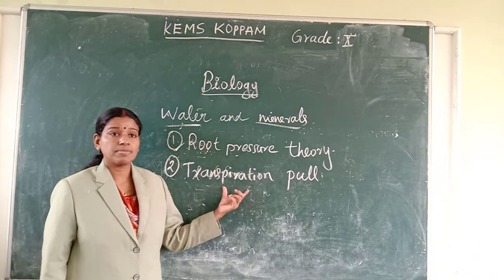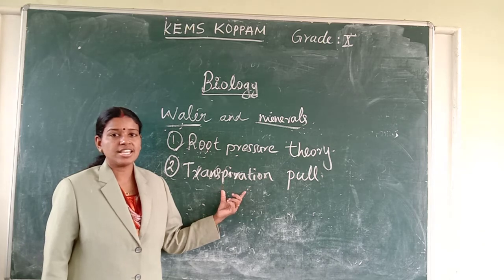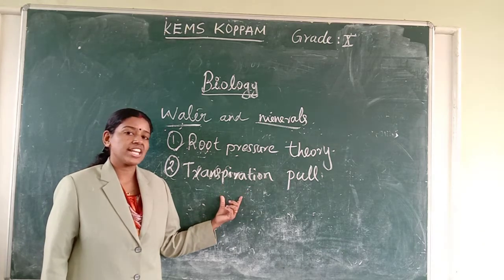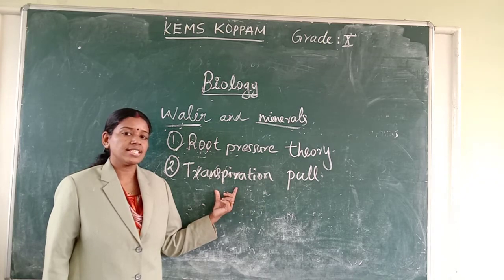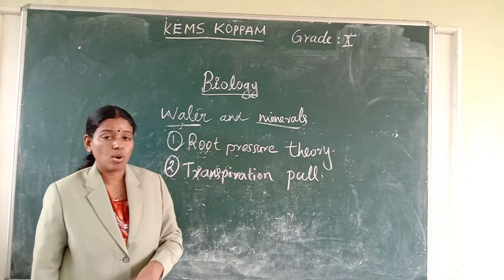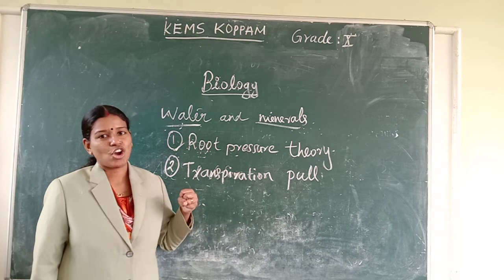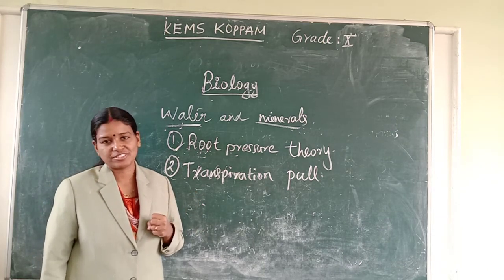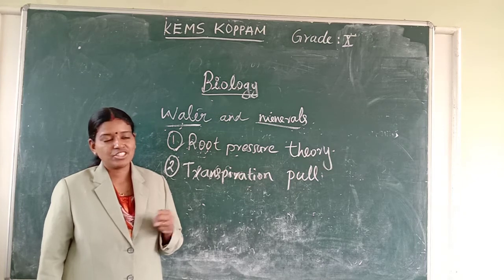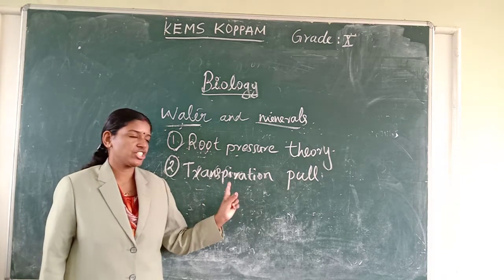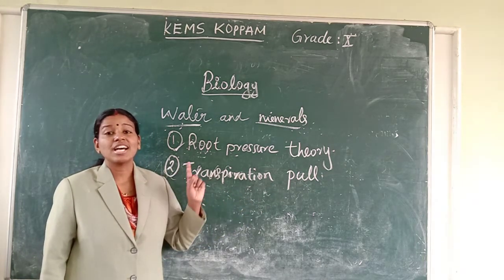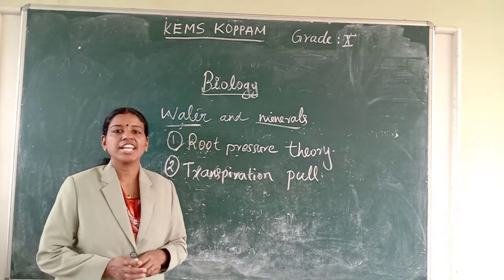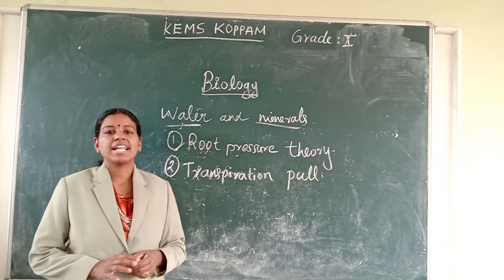In the case of transpiration pull, during transpiration, a suction or a pull is created inside the xylem vessels which takes water from the soil and transports it to all parts of the plant, which is called transpiration pull. These are the two theories by which transportation in plants takes place.